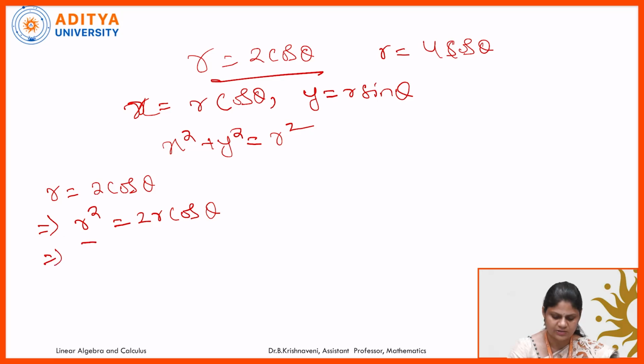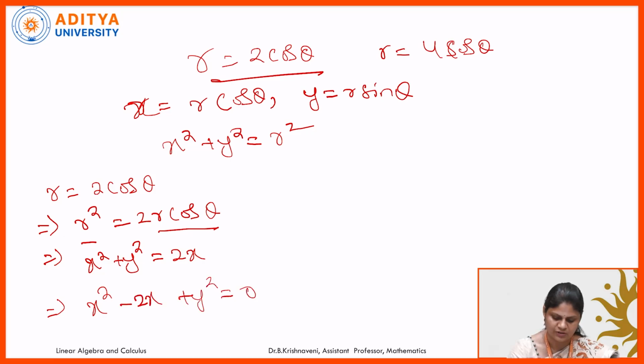What is meant by r square is x square plus y square, equal to 2 into r cos theta, that is x, which can be written as x square minus 2x plus y square is equal to 0. This further can be written as x minus 1 whole square plus y square is equal to 1, by taking plus 1 minus 1. So x square minus 2x plus 1 can be written as x minus 1 whole square plus y square, and minus 1 can be taken to the RHS. So this gives the circle.